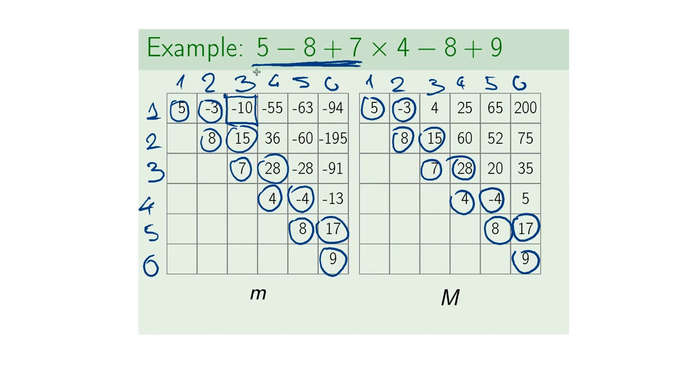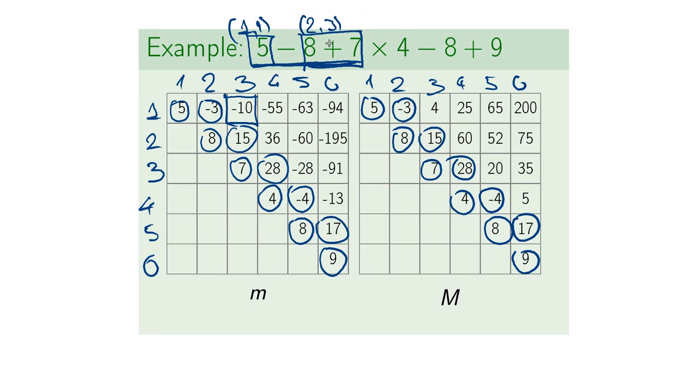This will split this sub-expression into two sub-expressions: 5 and 8 plus 7. For both these sub-expressions, we already know their maximum and minimum values. This one corresponds to 1, 1, and this one corresponds to 2, 3, so from the second to the third digits and the first digit.